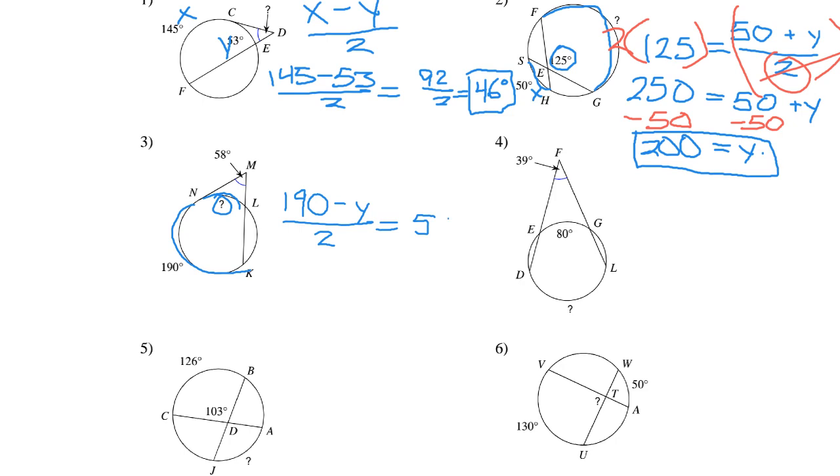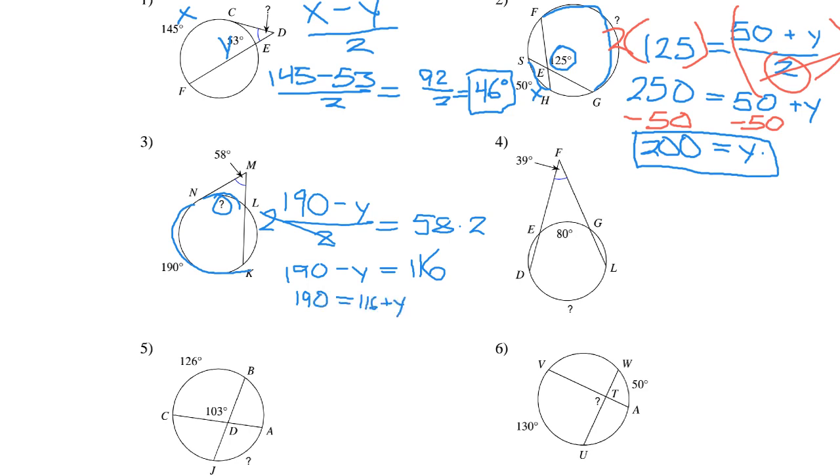Again, let's try that multiply by 2 trick. If we multiply both sides by 2, that should cancel those out, and we're going to get 190 minus y equals 58 times 2. 50 times 2 is 100. 8 times 2 is 16. So we got 116. I think I'm just going to add y to both sides, so that should give me 190 equals 116 plus y.